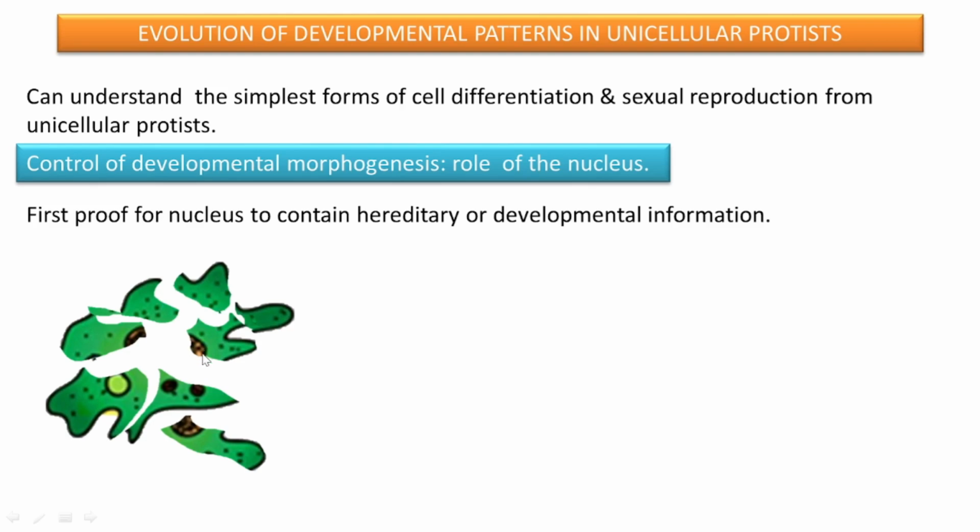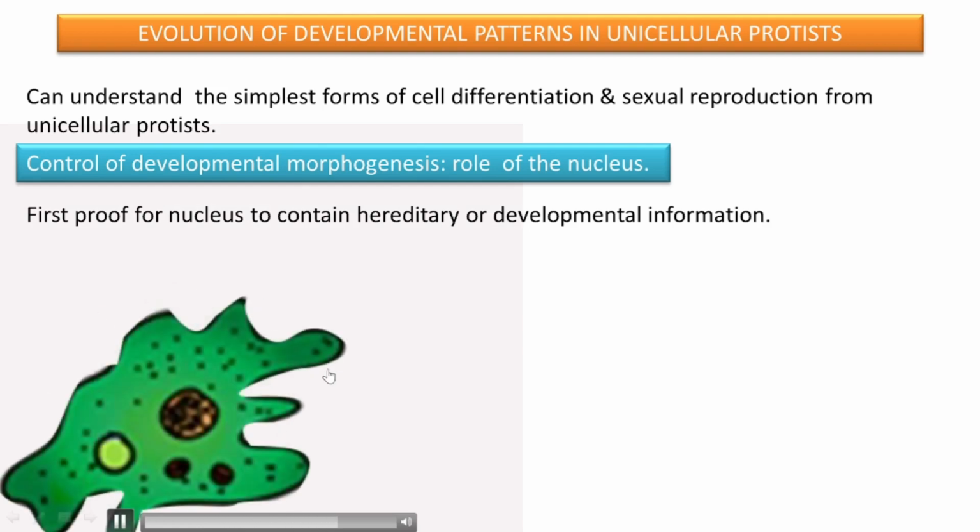And those fragments that are carrying the nuclear fractions are able to regenerate and to form the entire organism again. That proved that nucleus carries the hereditary or developmental information at first.